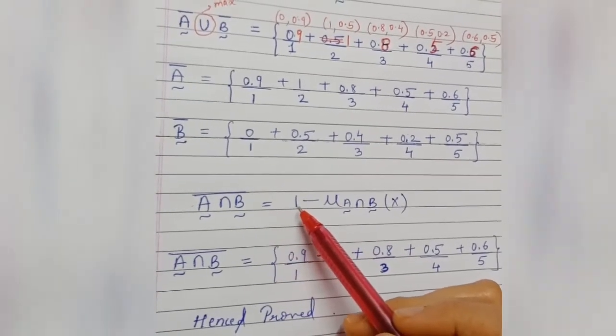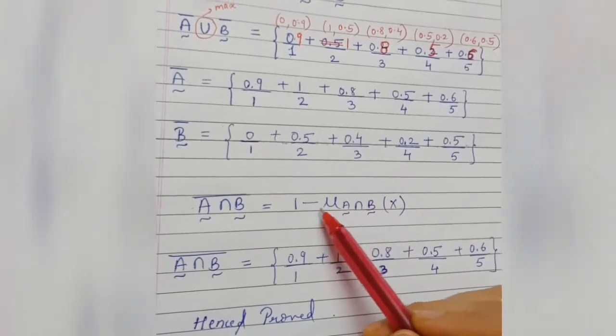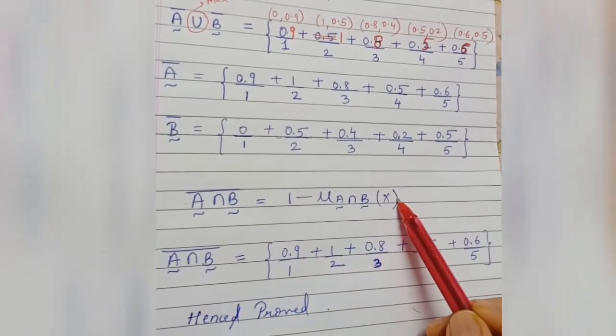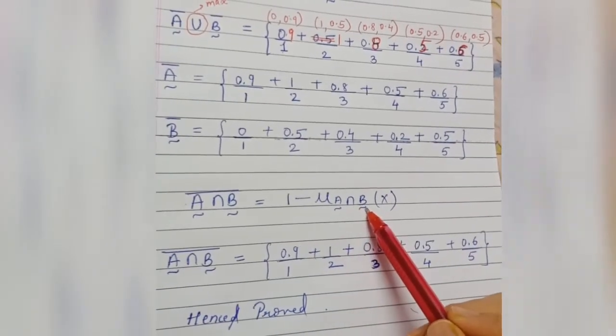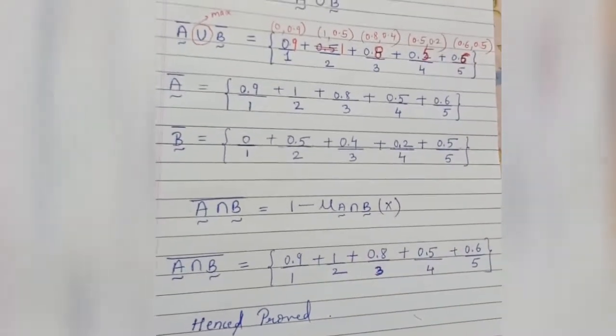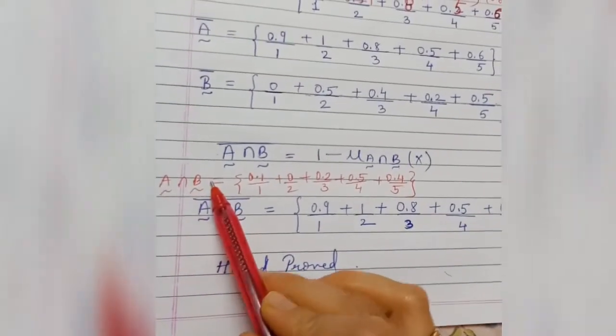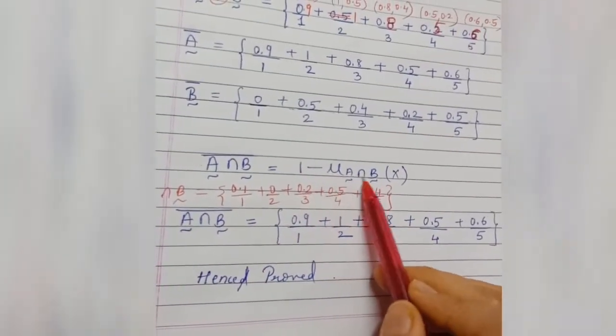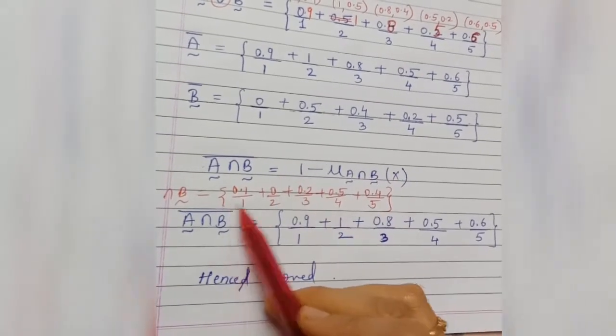So we have to subtract A intersection B from 1. Mu A intersection B of x is nothing but A intersection B, which we already calculated. This is the A intersection B set, and these are all the elements. So let's subtract from 1 the whole set.